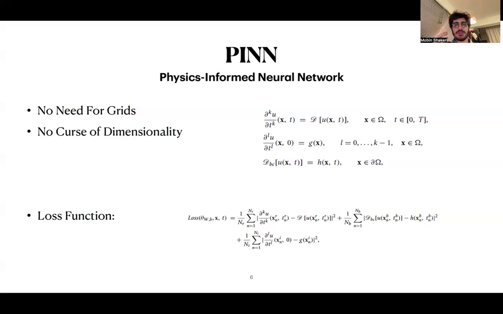Each term of the summation is the PDE residual, and it is mean squared. They are also normalized with N_i, N_b, and N_c, which are the numbers of collocation, boundary, and initial points.